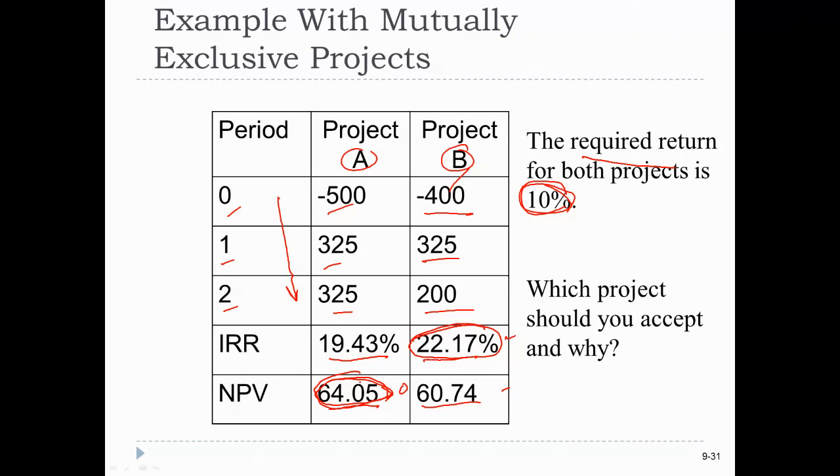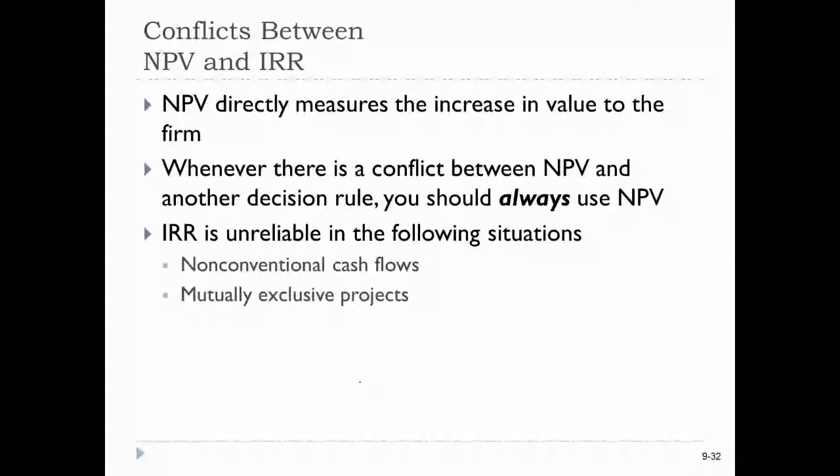It turns out there's a very consistent rule in this situation. Always choose the project that has the higher net present value. Whenever you have a conflict like this, where net present value and IRR are giving you different signals, different decisions, you should always use the net present value to break the tie.